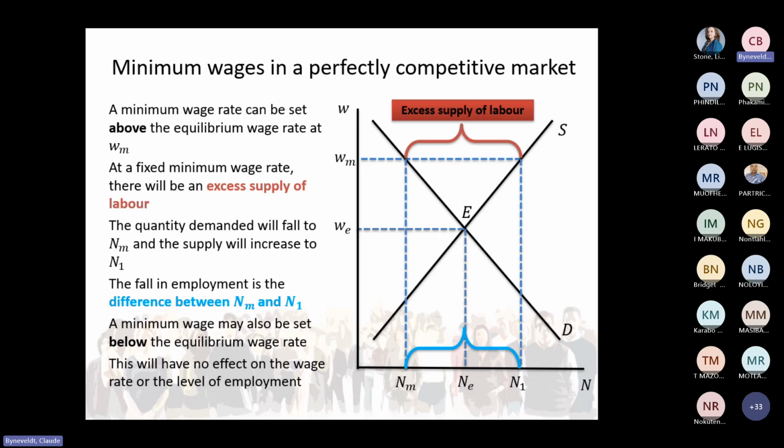That equates to 220-something Rand per week, and 4,400 per month. So that is the national minimum wage. You cannot employ workers below that wage, otherwise you will be liable for a penalty from the Department of Employment and Labor.